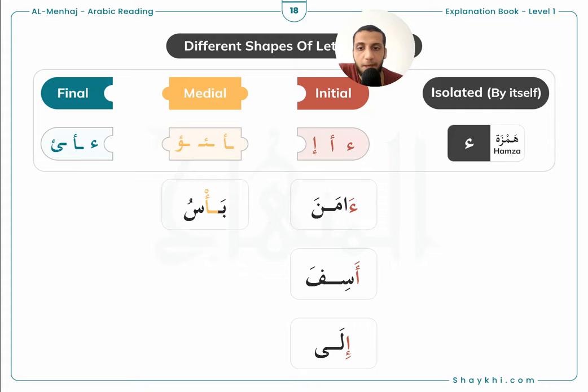What about the examples of the middle form? Let's take the examples. Ba's, as you can see the Hamza above alif here. Then we have Bi'sa, Hamza on a nabra.